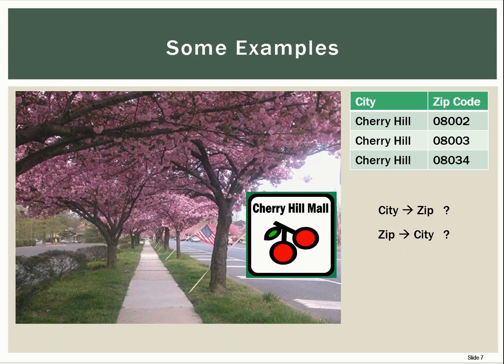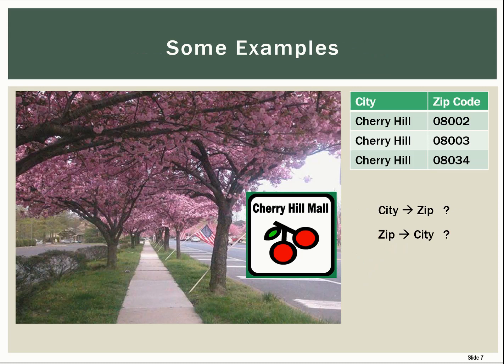Here is a table of zip codes for the beautiful city of Cherry Hill, New Jersey, home of the Cherry Hill Mall. And we can talk about functional dependencies. So we can ask ourselves whether city functionally determines the zip code.